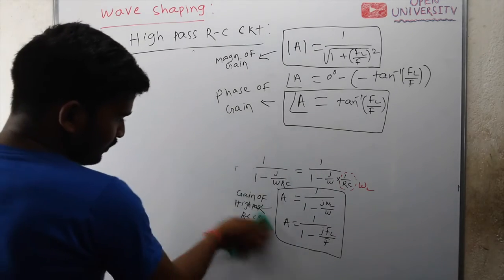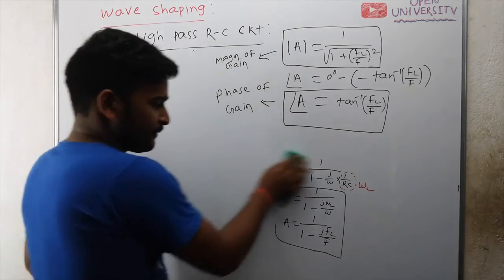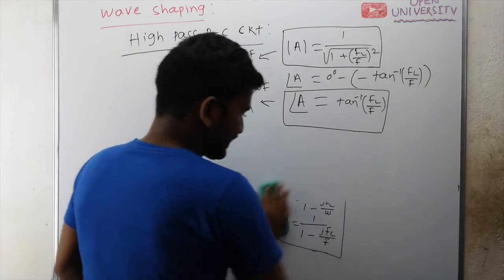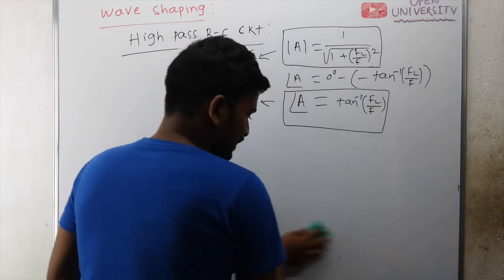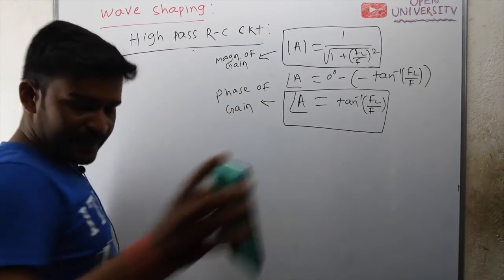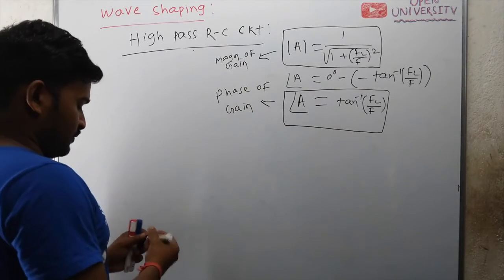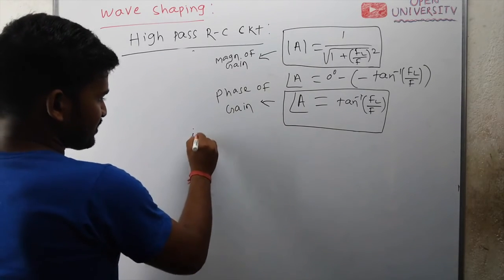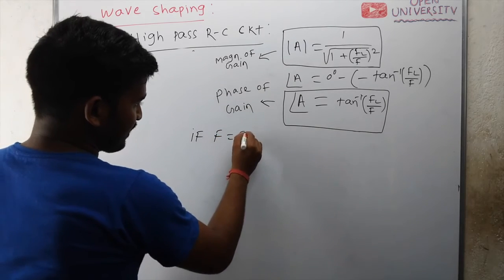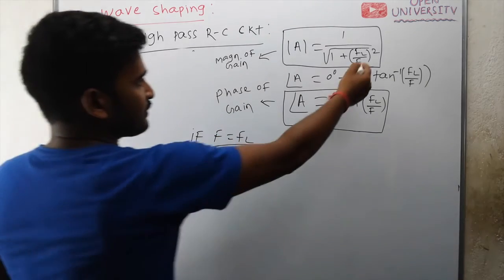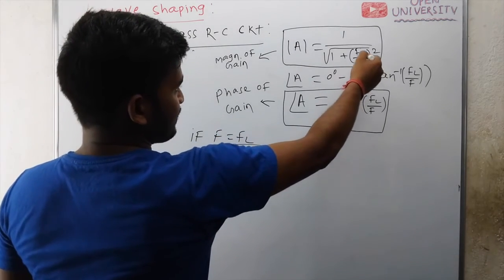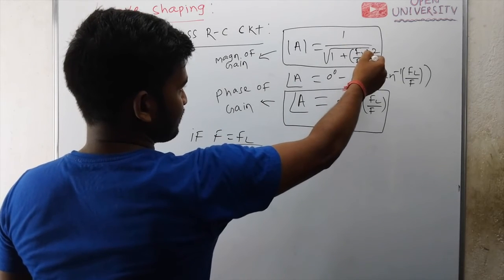Now, if you find the magnitude of the gain at f equal to fL, if the input frequency f equals fL, and you substitute, then 1 plus 1 will be 2.